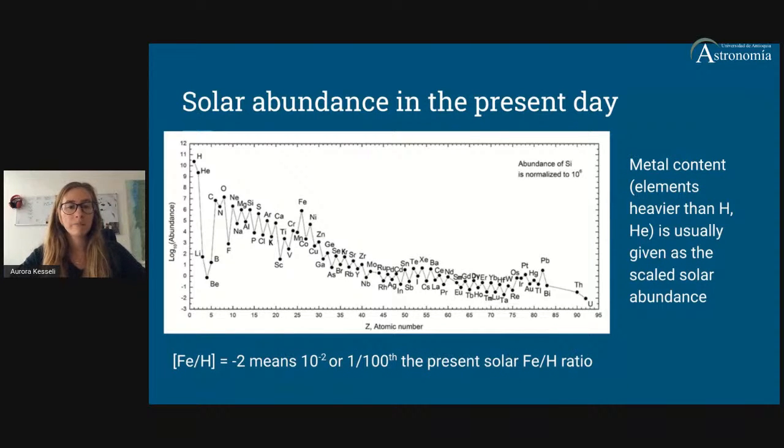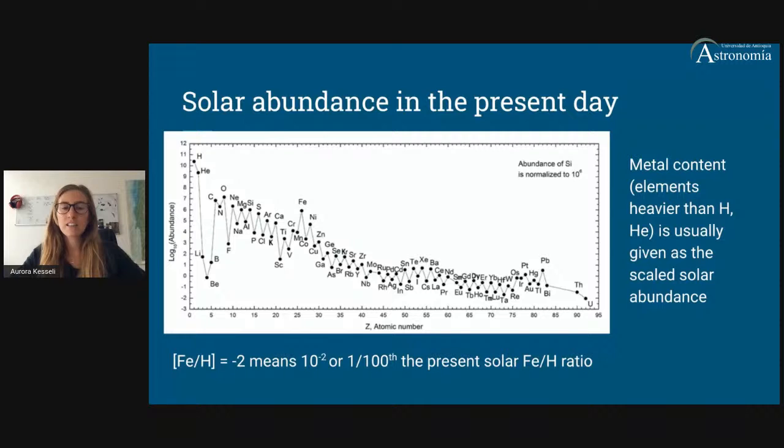So oftentimes people will talk about metallicity, or the iron to hydrogen ratio. And whenever people talk about this, they're talking about the scaled solar metallicity ratio. So oftentimes you'll see Fe over H is equal to -2.